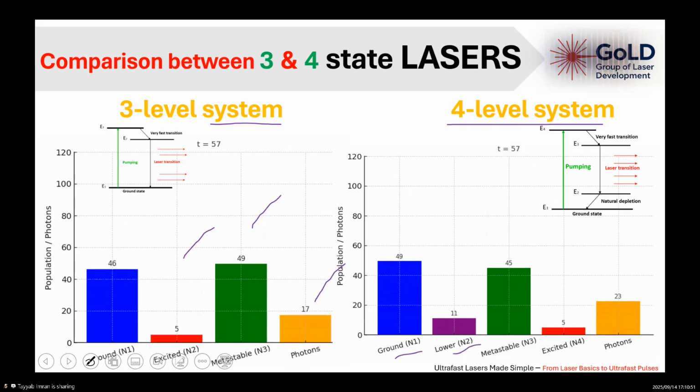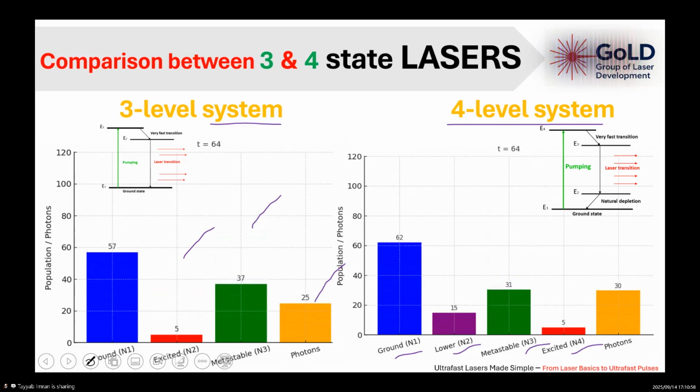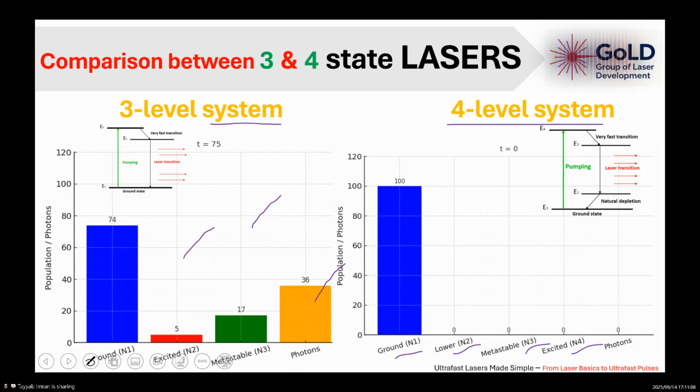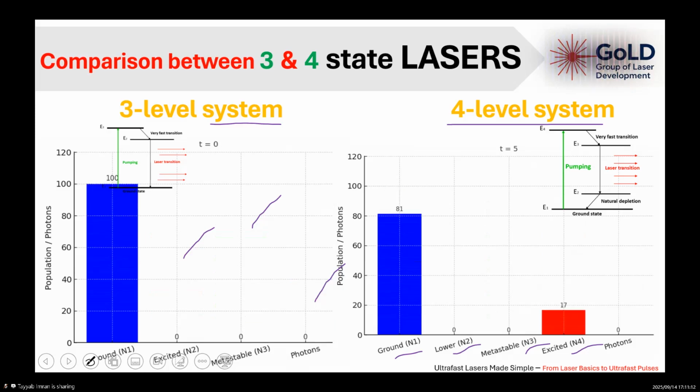Similarly here we have the ground, the lowest one, and the lower energy level. Then we have the metastable excited state. When the ground is populated, there is no laser action, and other levels are empty. But as soon as the ground becomes less populated, the excited level is first populated, which is also called the pump.